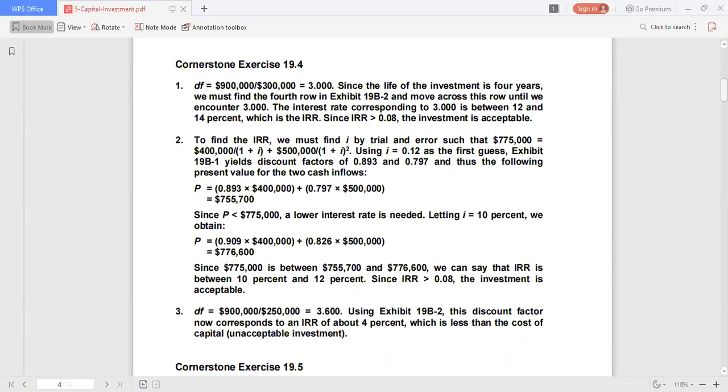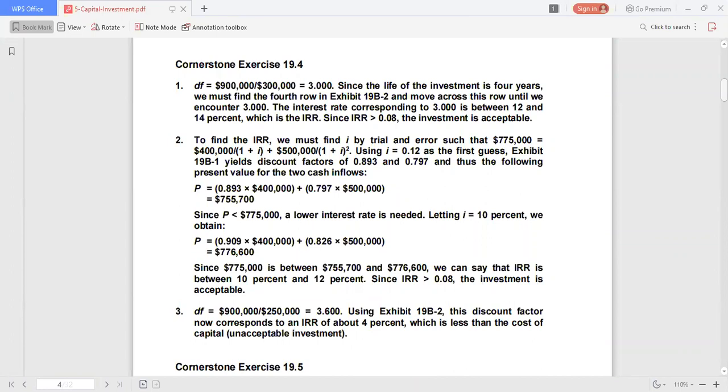So the second investment is the computer-aided manufacturing system, and the cost is 775,000 and will produce labor savings of 400,000 and 500,000 at the end of the first and second years. So first, we have to determine the IRR.